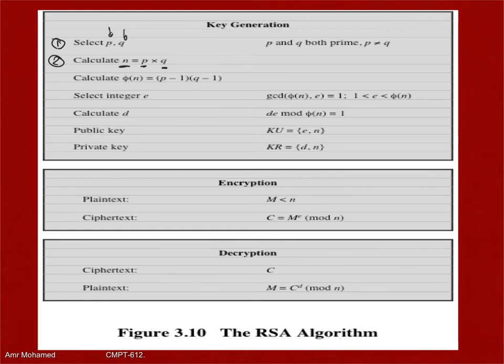I will give you an example for N, and I will ask you visually to try to guess what P and Q are. So even for low numbers, you will not be able to find it out easily, okay? So imagine if N is in the order of 300 or 400 digits, okay? So this will be a very, very intensive job.